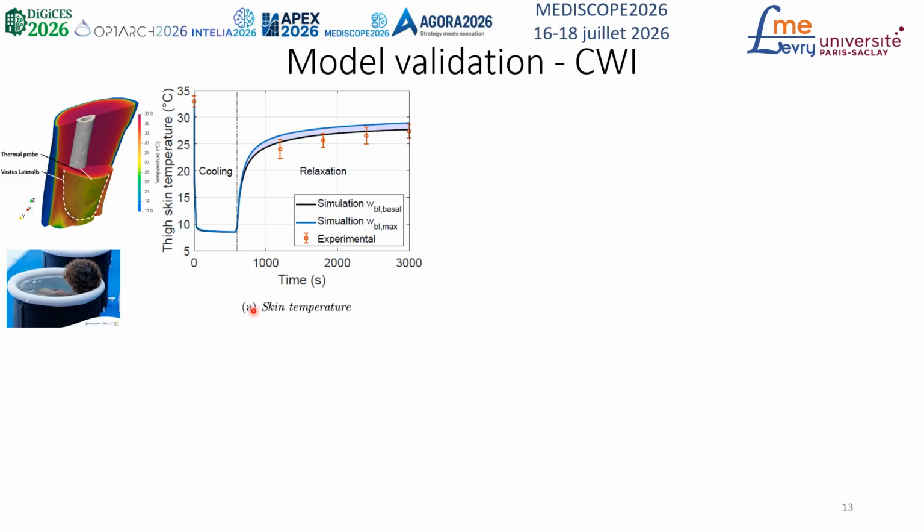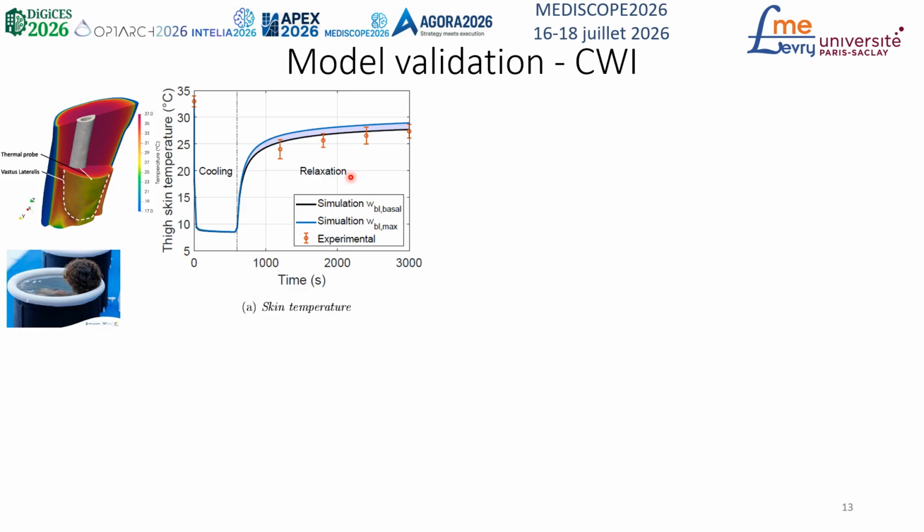Figure A represents the evolution of the skin temperature on the vastus lateralis at the probe level. The experimental data from the literature are in orange. The point is the mean, and the box plot is the standard deviation.